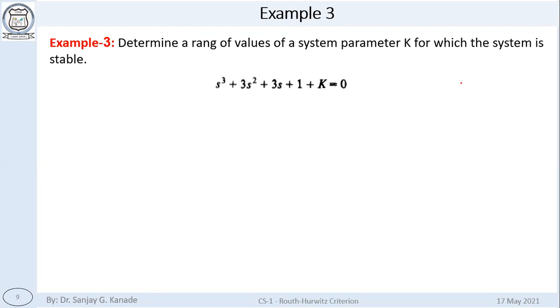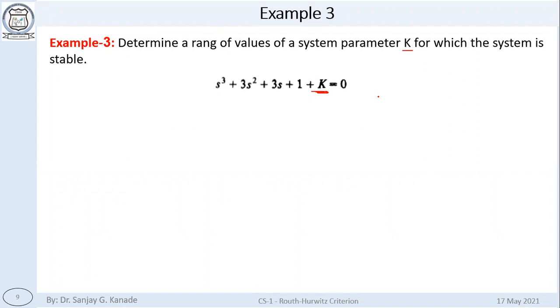Now, for example, in here a question is given, a characteristic equation, and what is asked is you have to find out the range of k, this k. Okay, we have to find out the range of values of k for which the system will be stable.